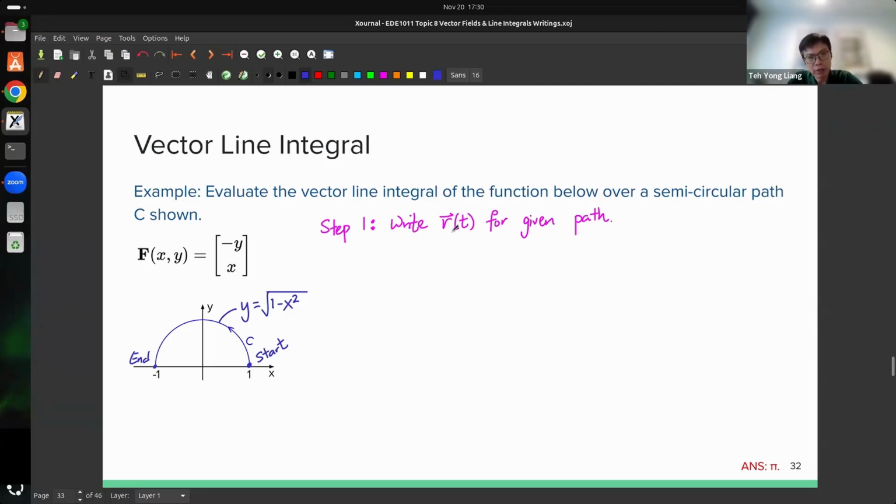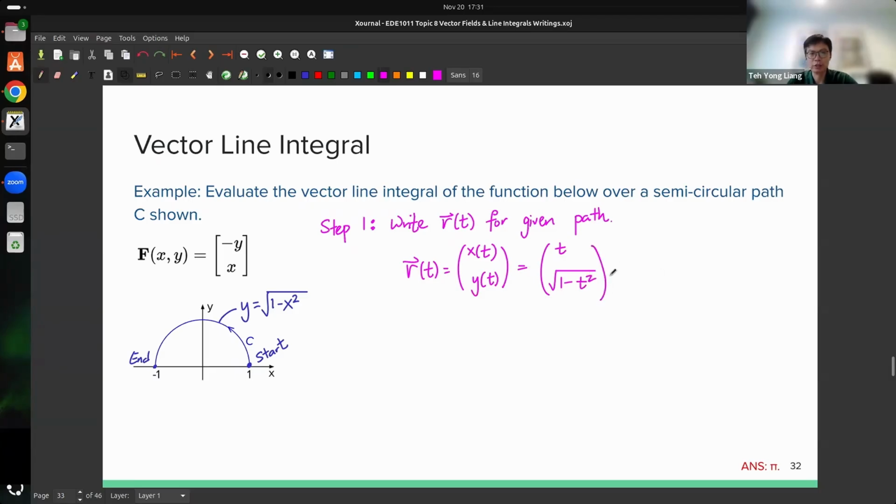Now, this R of t, for a two-dimensional plane, must be x of t, y of t. So if you let your x be t, what must your y be? Your y must be root of 1 minus t squared.